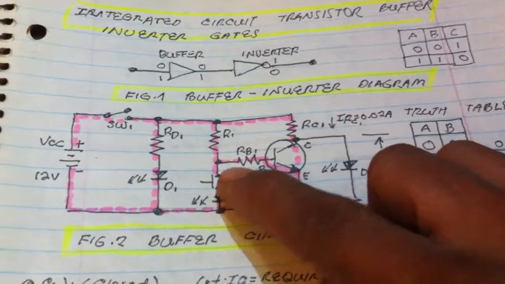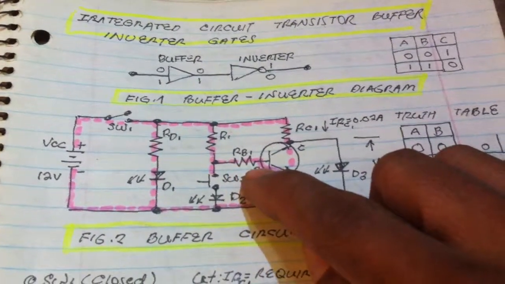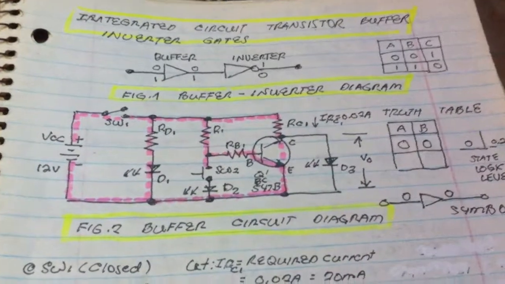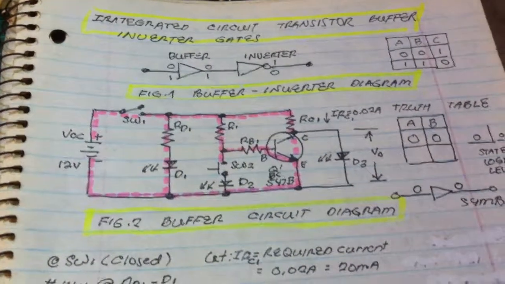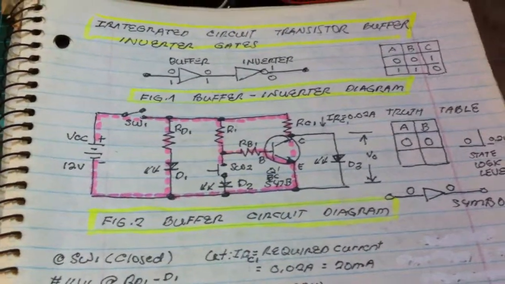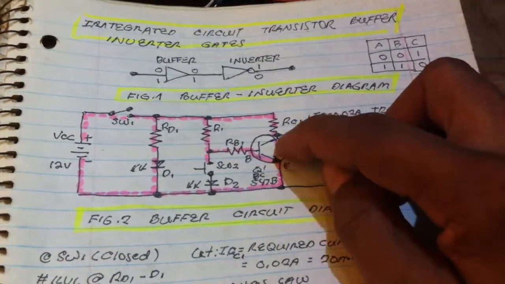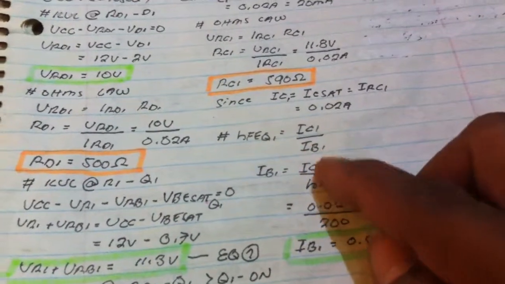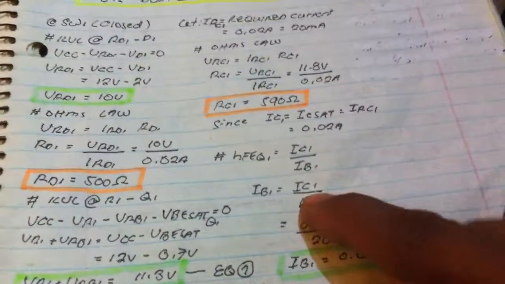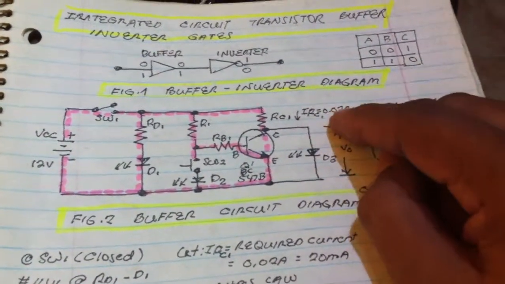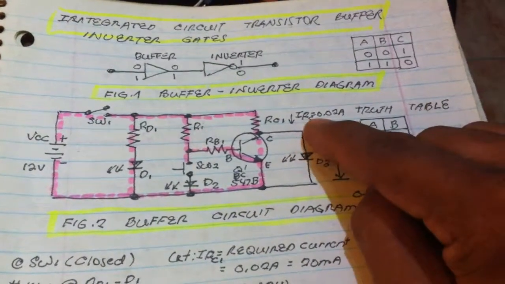We are going to compute for the base current here using the transistor formula, because this type of configuration depends on the transistor formula or the beta current gain of the transistor. Using that formula, current gain, we get IC over IB. We know that the IC here is equal to the collector current at saturation, which is 0.02.